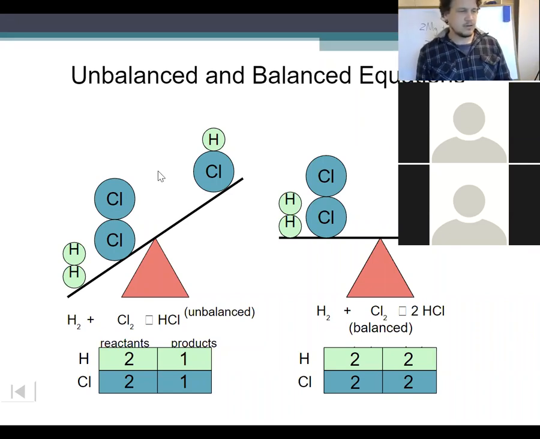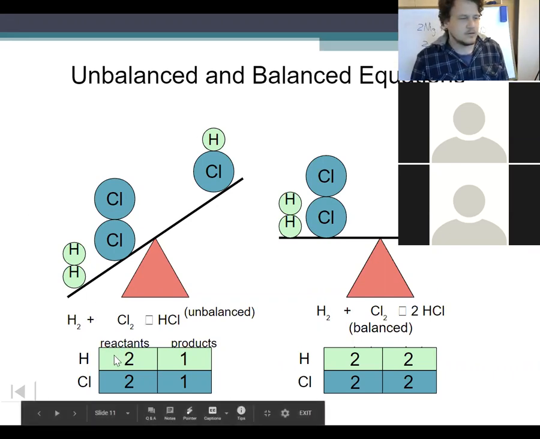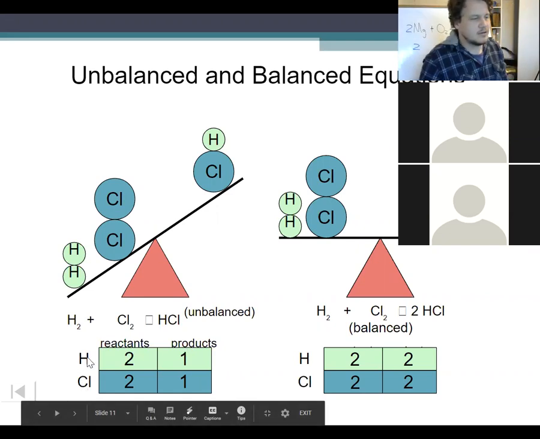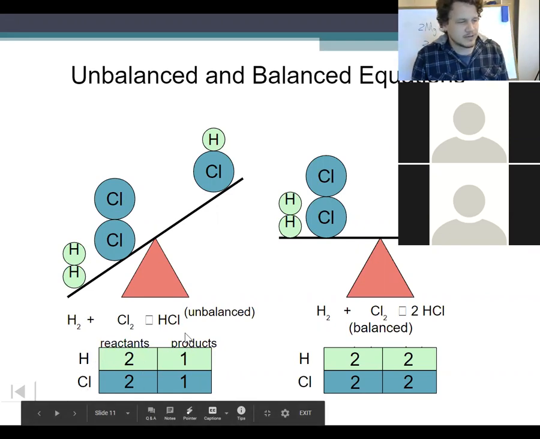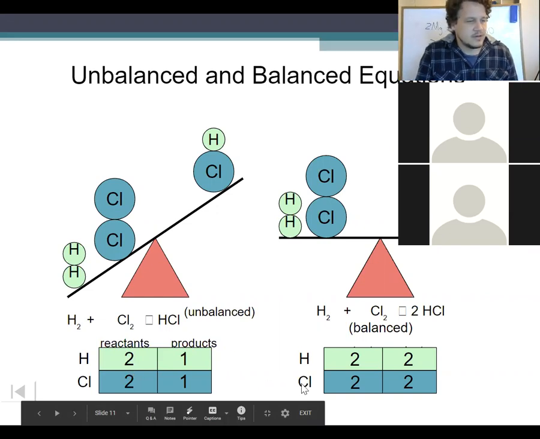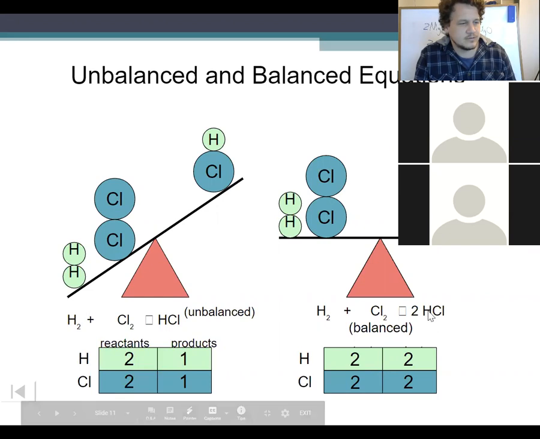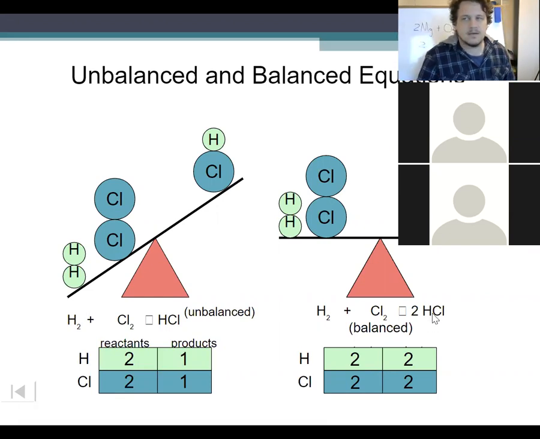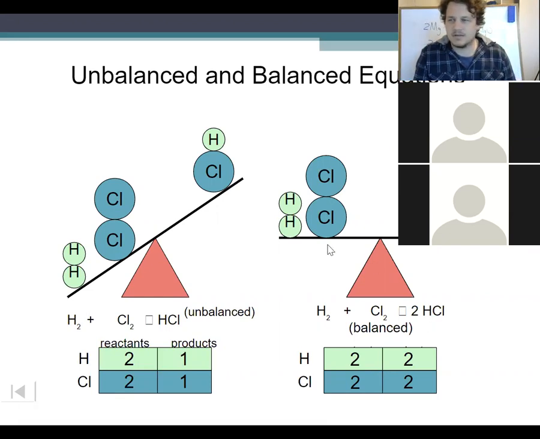A school of thinking is using a table. So you write, so hydrogen, chlorine, you would have reactants and products, and then you simply balance it. So you then have 2 HCl. Everyone does it differently.